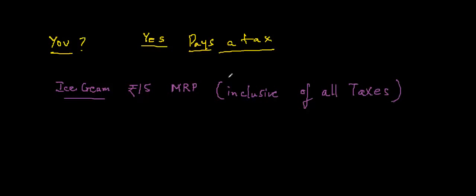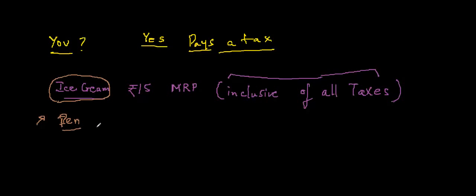Now, what do these four words mean? It simply means that yes, you have paid a tax to the government when you have purchased this particular item. So even if you go to school, you purchase footwear for yourself or you buy a pen for yourself, every item is there where you pay tax to the government.